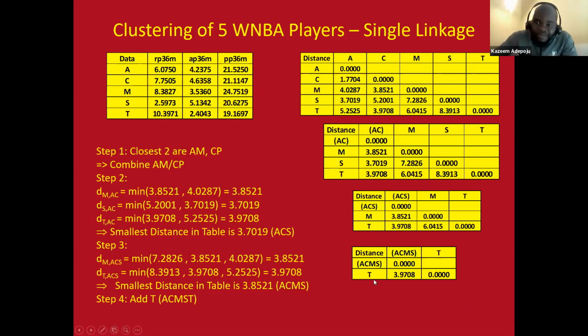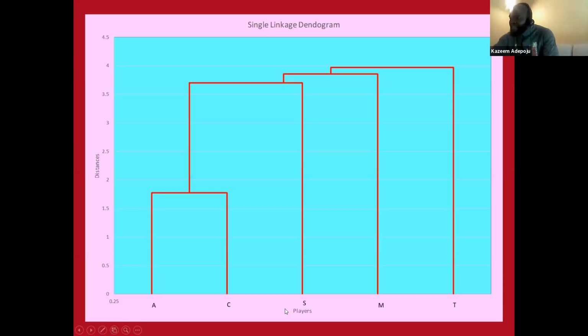And let me tell you something, we did not know these 2 groups ahead of time. That is the difference between this and discriminant and classification analysis. So we're going to call that ACMST, if you look at the combination.